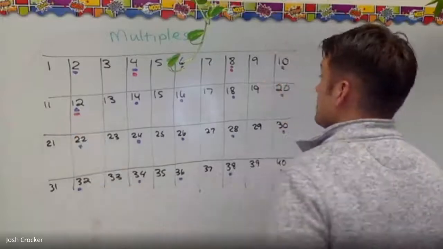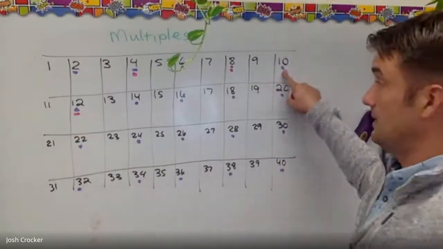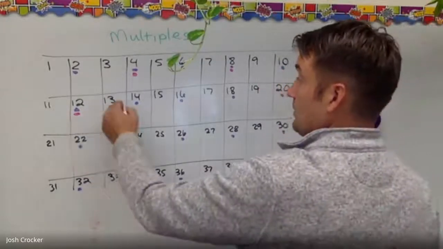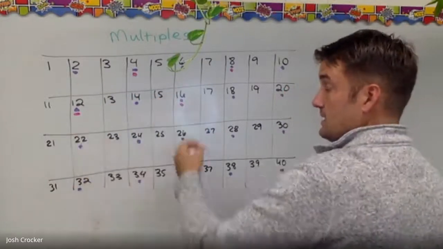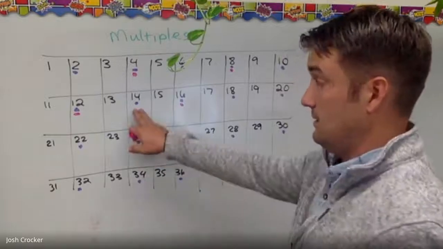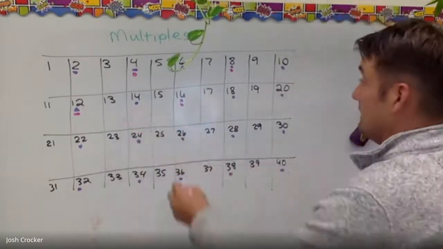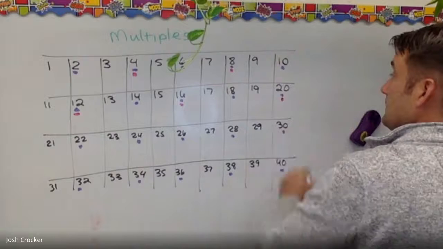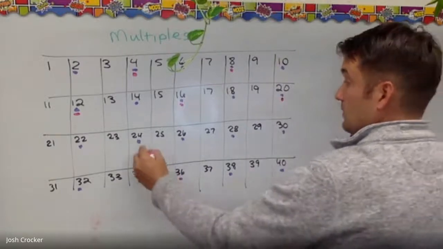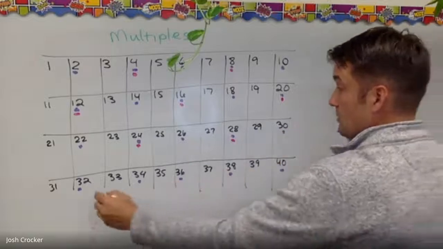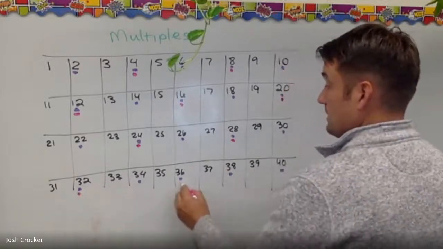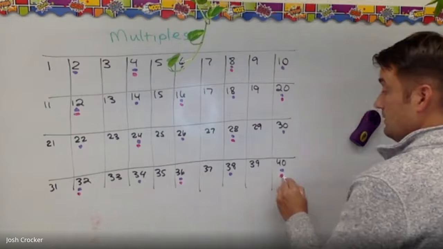Okay, and it skipped 1. So it's going to keep doing that. 4, 8, 12, 16. Skip that one. Okay, the next one is 20, 24, 28, I'm just adding 4, 32, 36, 40.